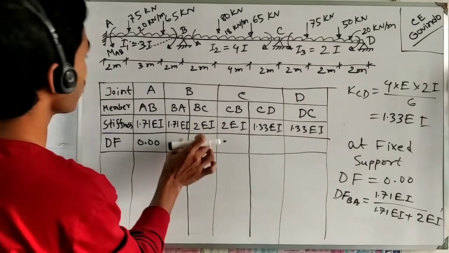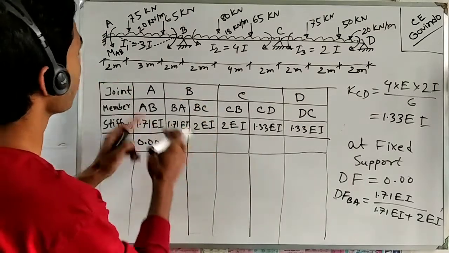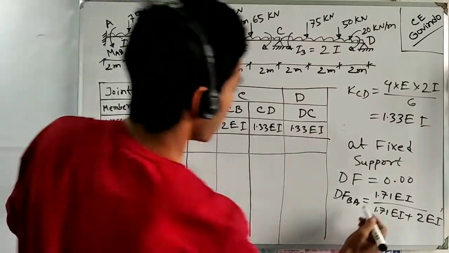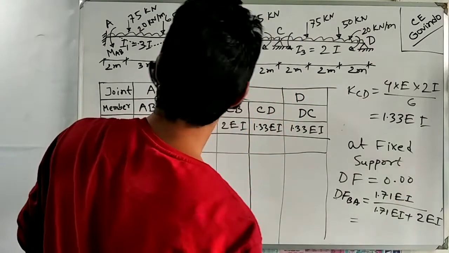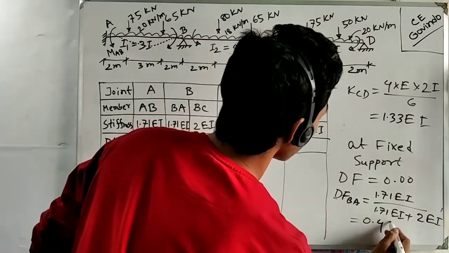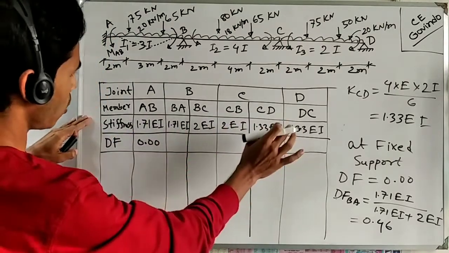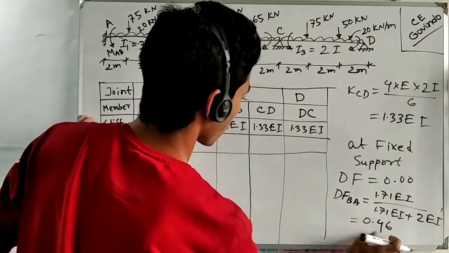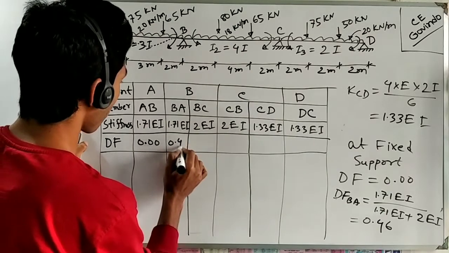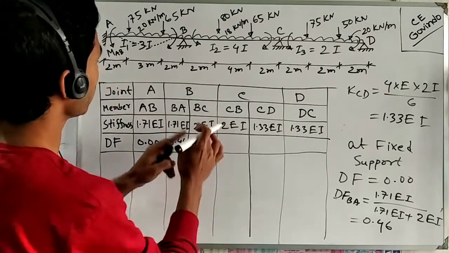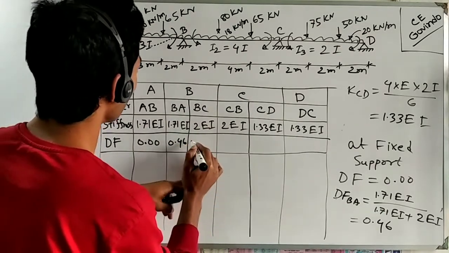Here we consider these two stiffnesses, because at this point these two members are meeting. Calculating this, we can see the EI value is eliminated here. That's why we can write this, eliminating EI, as 0.46. Similarly, if we calculate, you will get the distribution factor here 0.54.